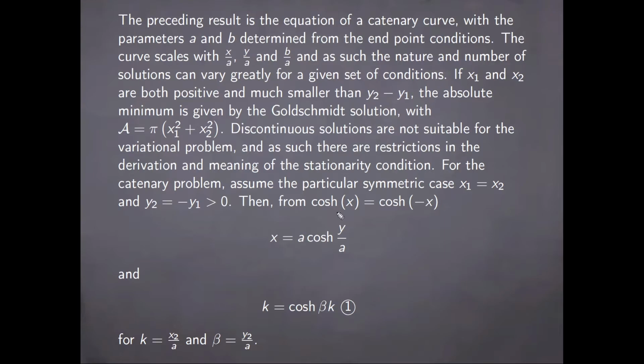Then, because the hyperbolic cosine is an even function, it will follow immediately that x is equal to a times the hyperbolic cosine of y over a, so the constant b has to be 0, and then this result can be converted to a single transcendental equation in the parameters k and beta given by the expressions here, and this equation will completely characterize the symmetric catenary problem, the equation carrying the label 1.